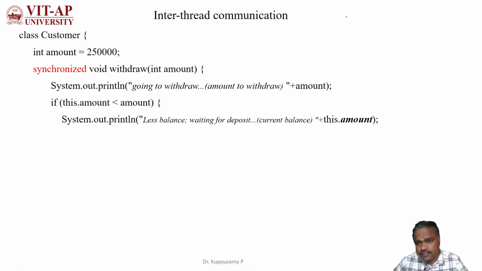The scenario is a cash transaction example. In this example, we are going to use two methods: one is the deposit method and another one is the withdraw method. Both are synchronized methods.